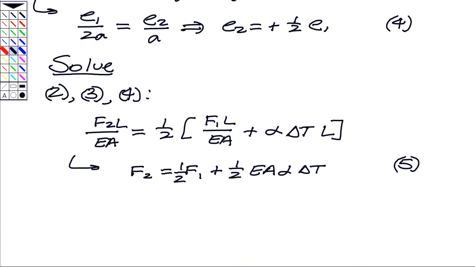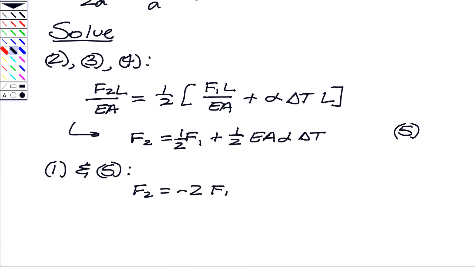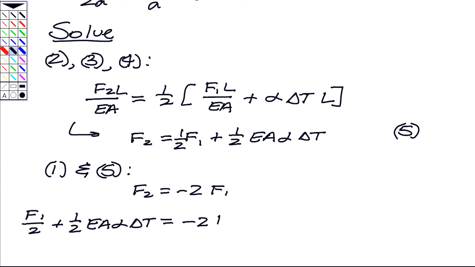We've got it. So now I take the original equation, equilibrium equation 1, combine it with my equation 5, F2 being equal to minus 2F1. That was from equilibrium. So I have F1 over 2 plus 1/2 EA alpha delta T. That's equal to minus 2F1.